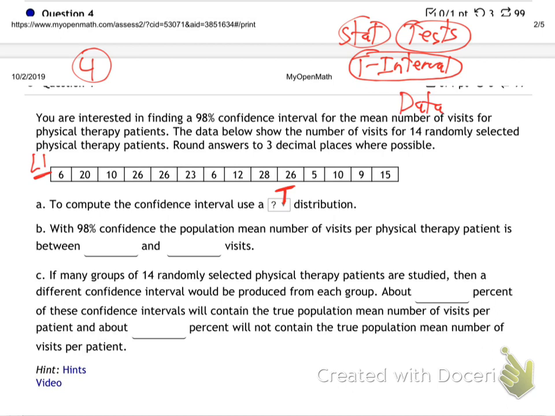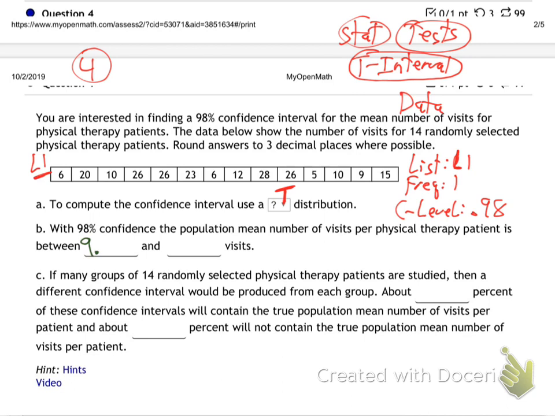Choose data, and then the list will be the same, L1, it just stays L1. The frequency stays at 1, and the confidence level they ask is 98, so 0.98. Probably you only have to put in the confidence level, really, once you get that list in there. See if you get the same answer I got.